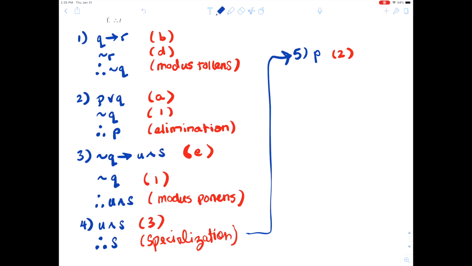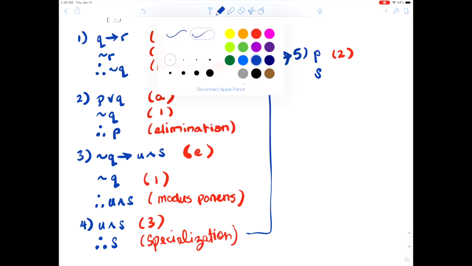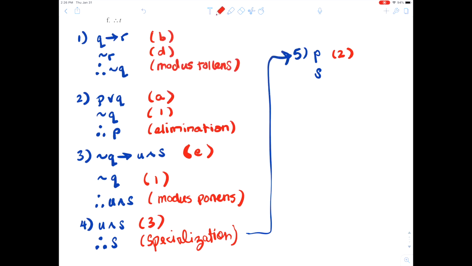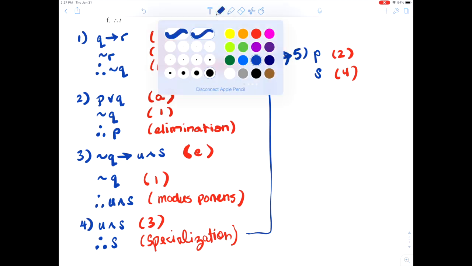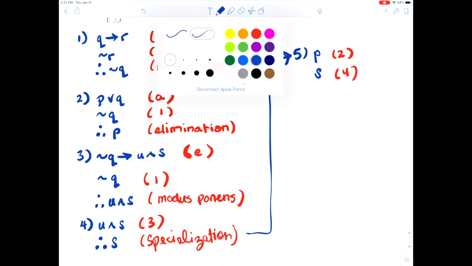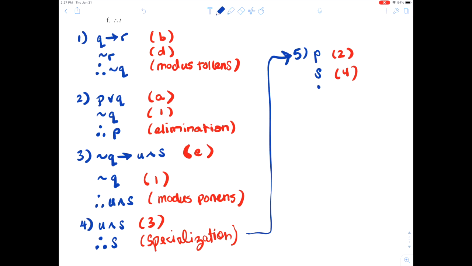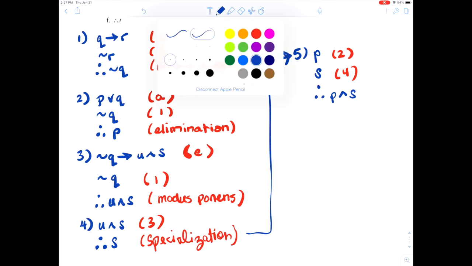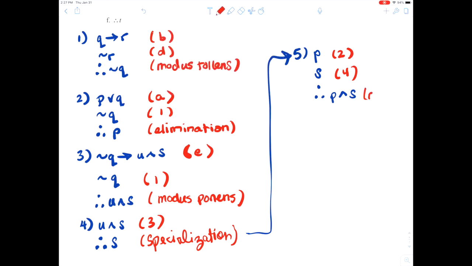And then we got beautiful S from part 4. So what can we conclude from that? We can conclude, therefore, awesome, P and S, and that's from conjunction.